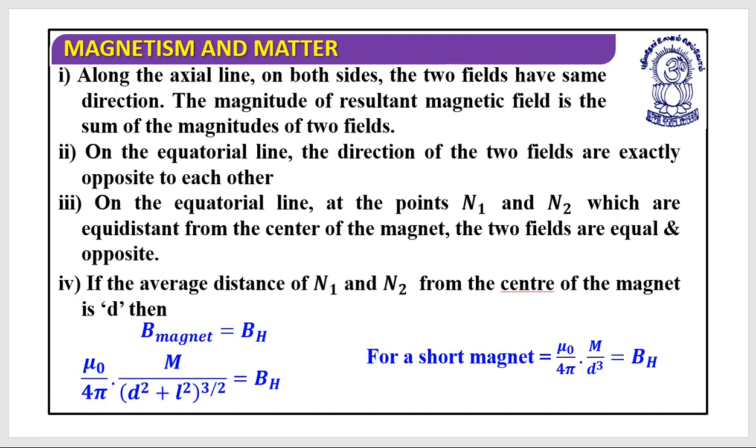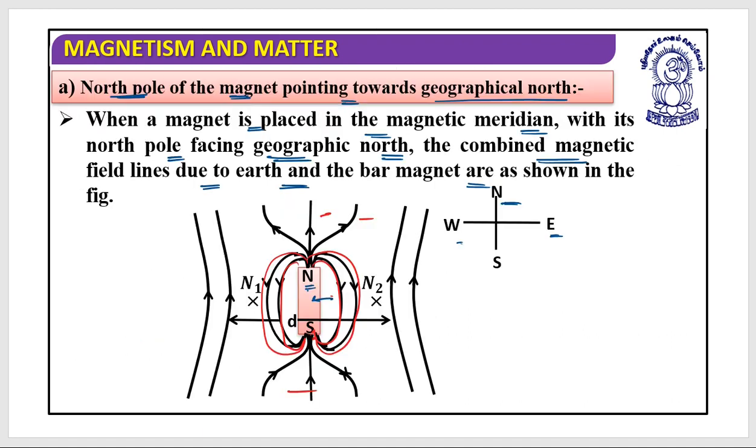So what we can understand is that along the axial line, on both sides, the two fields have the same direction, and the magnitude of the resultant magnetic field is the sum of the magnitudes of the two fields. So on the axial line we don't have any null points. On the axial points everything is going to be added. That is just a case of addition, and you cannot produce a zero result by adding two vector quantities.